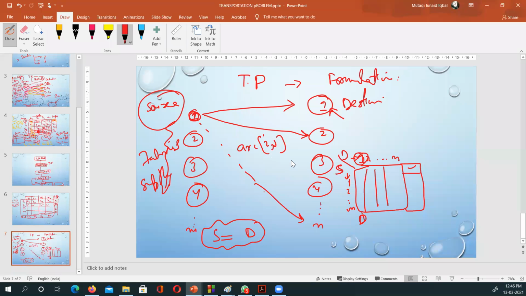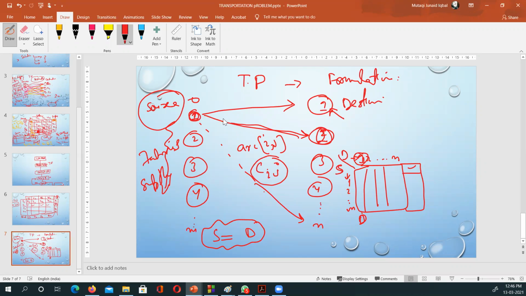What information does it carry? It carries the cost of per unit transportation, the cost from i to j. You are sending from i, say i is 1, and j is 2. So that means sending from factory number 1 to the second destination. What is the cost of that?